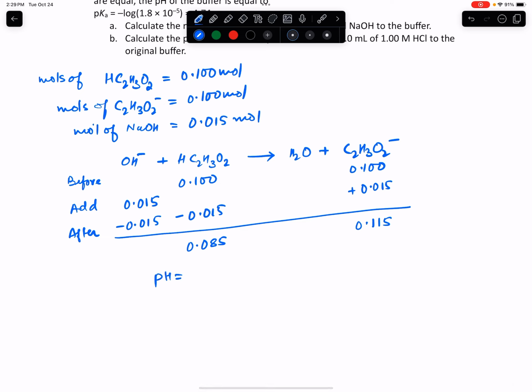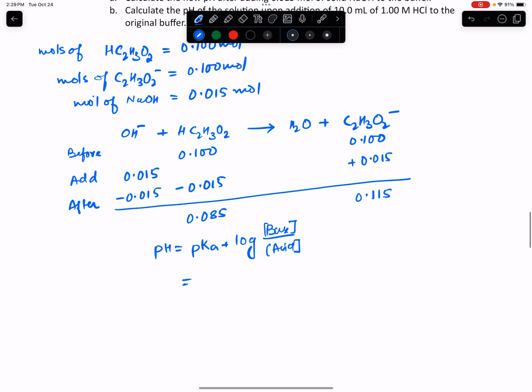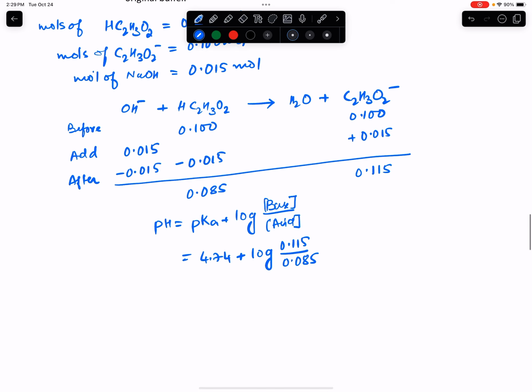So pH is equal to pKa plus log of base over acid. The pKa is already given to us in the problem, which is 4.74, plus the log of base, 0.115, over acid, 0.085.